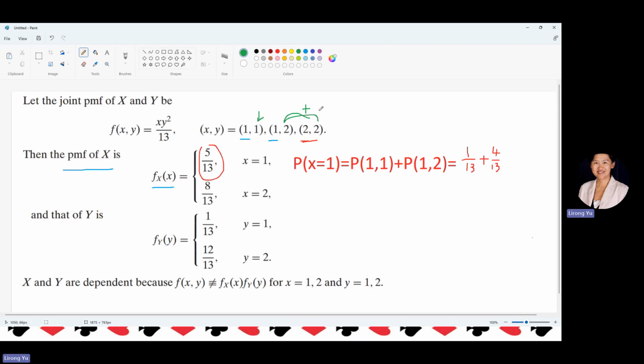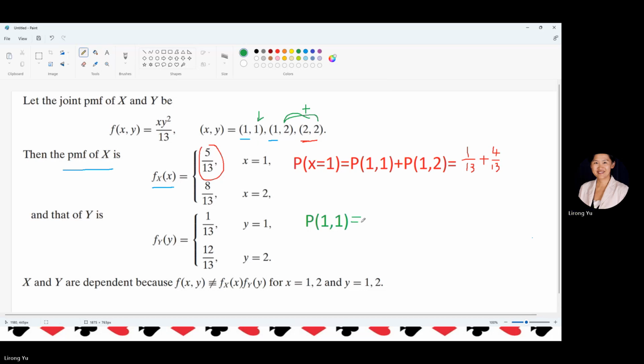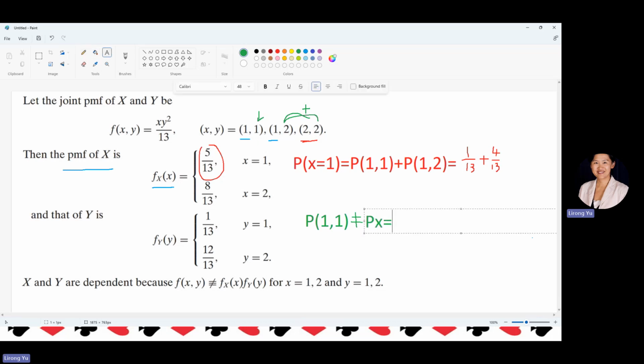Then you can confirm the independence. For example, the probability of (1, 1) is 1 over 13, but the probability of x equal to 1 times the probability of y equal to 1 is different. So the probability of (1, 1) does not equal the probability of x equal to 1 times the probability of y equal to 1. You can see it from the calculation.